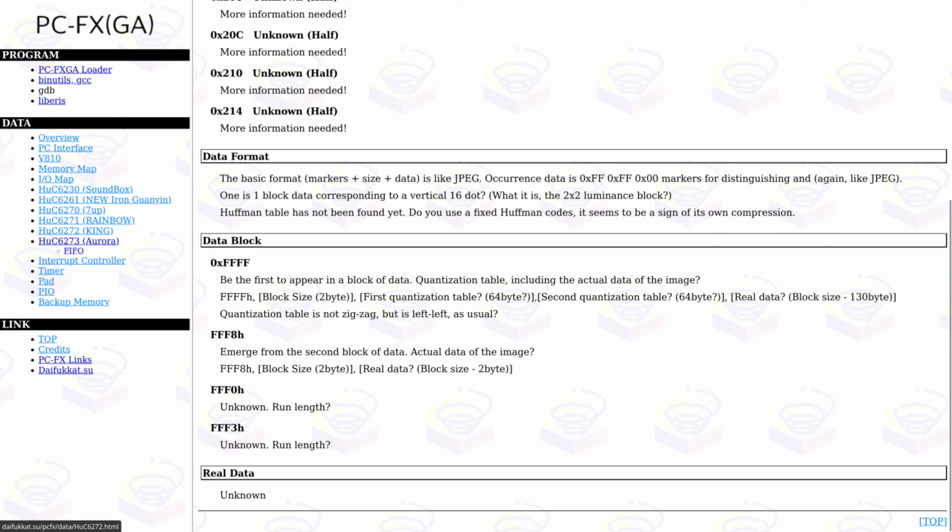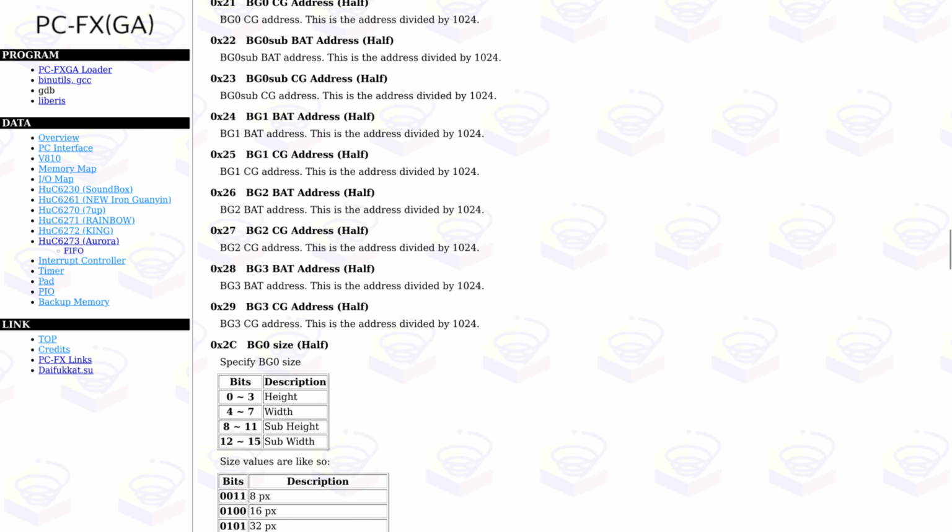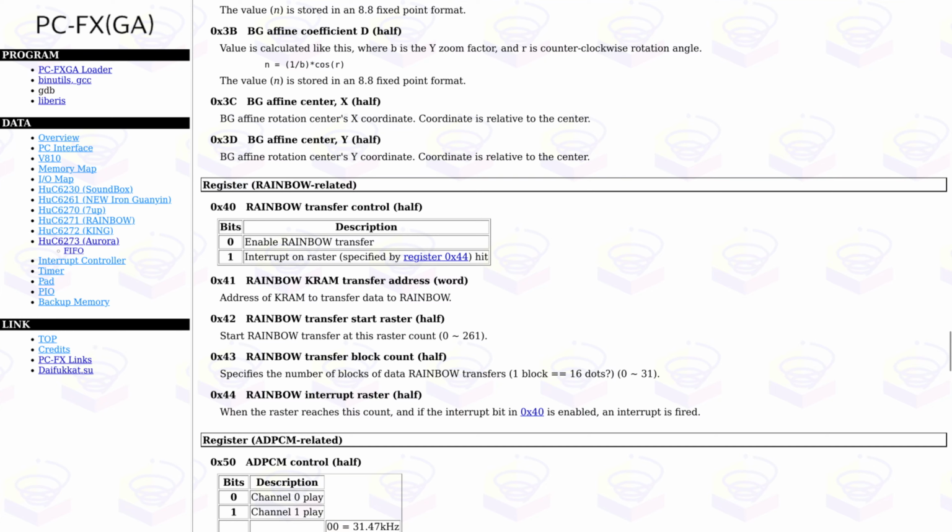I think for now, if I want to get this working, I'll need to read the save states from a game, then grab the stuff from KRAM and just use that for now. Hopefully, I should have something working in the near future when it comes to Rainbow.